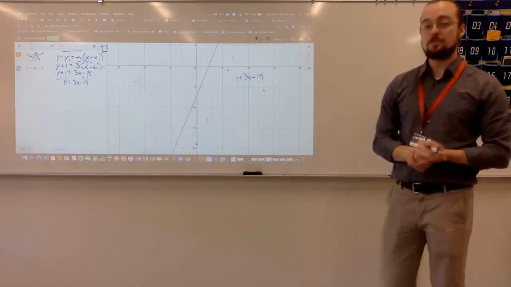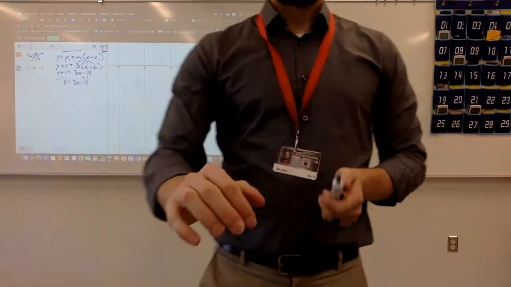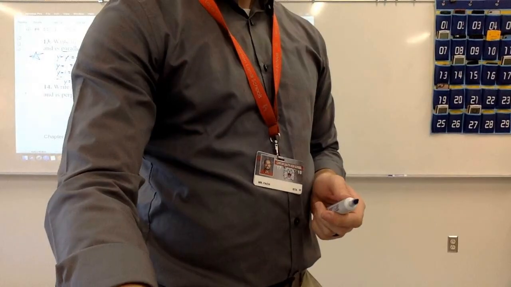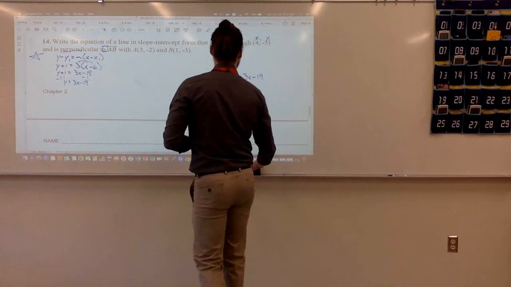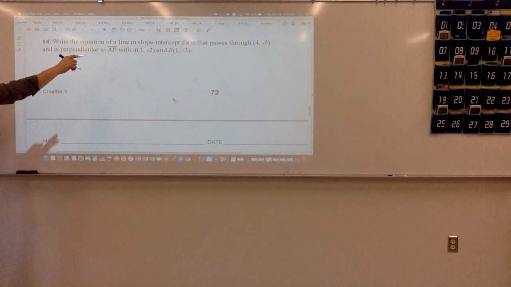The next one, number 14, we want to write the equation of a perpendicular line. So for the original line, we're not given an equation. So I have to find the slope between those 2 points.